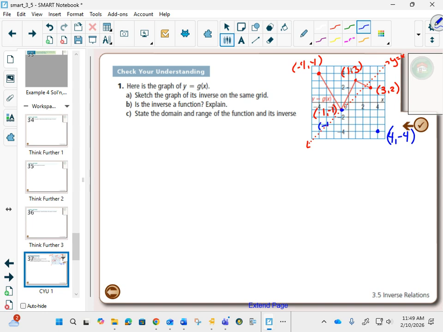It stays at -1, -1. Does that make sense? 1, 3 is now 3, 1. And 3, 2 is now 2, 3.